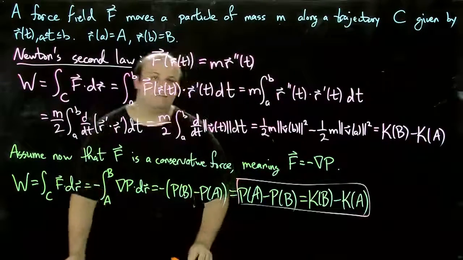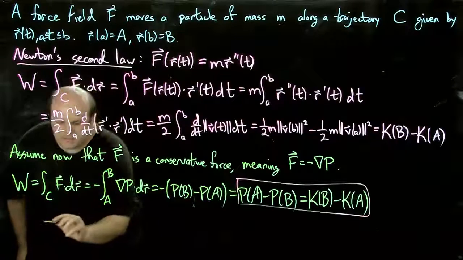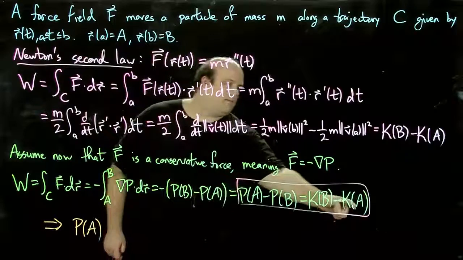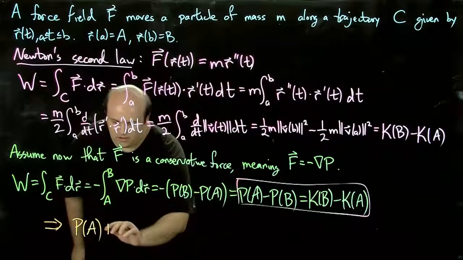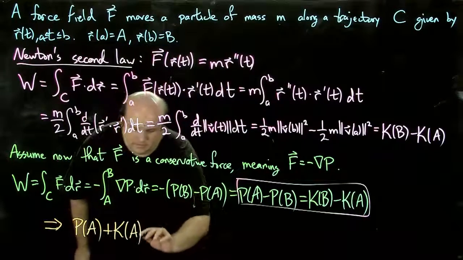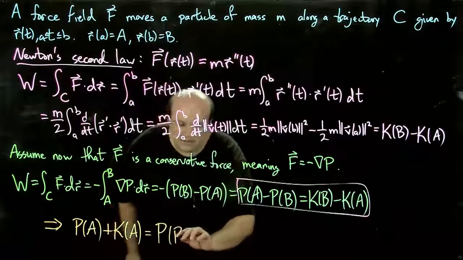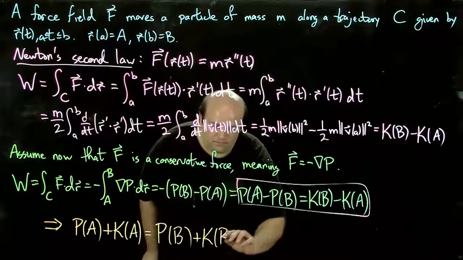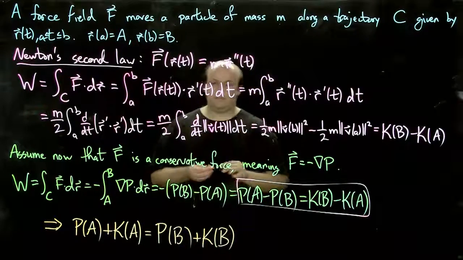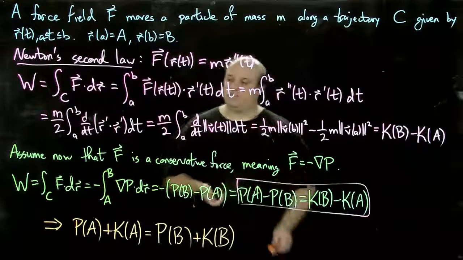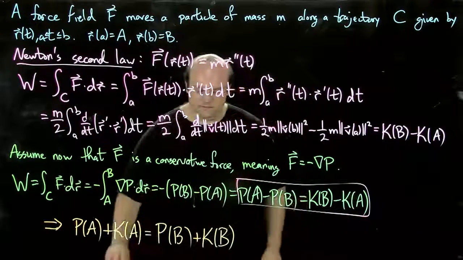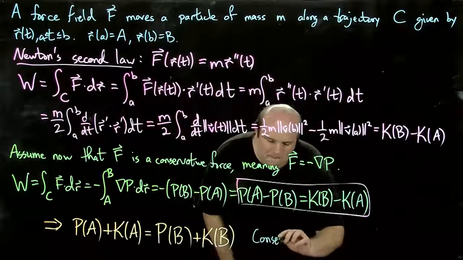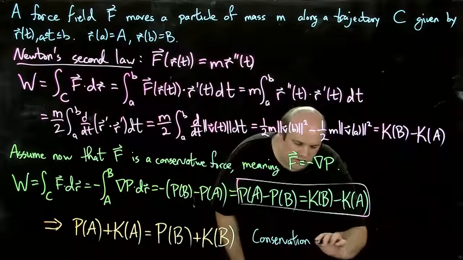Well, if we rewrite that in a different way, this implies that the potential energy at A plus the kinetic energy at A is going to be the potential energy at B plus the kinetic energy at B. All right? In other words, the total energy of the system is conserved. In other words, this is conservation of energy.